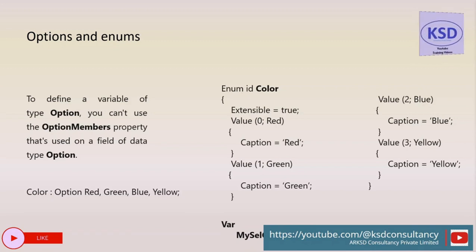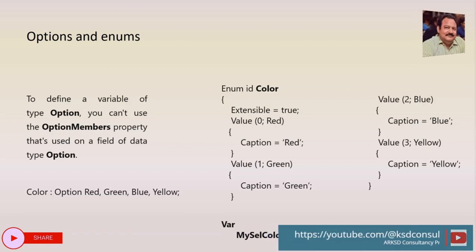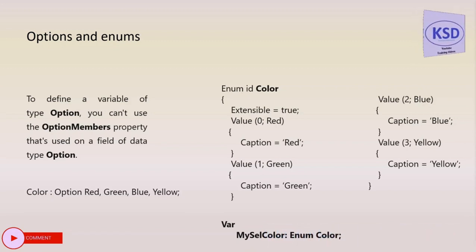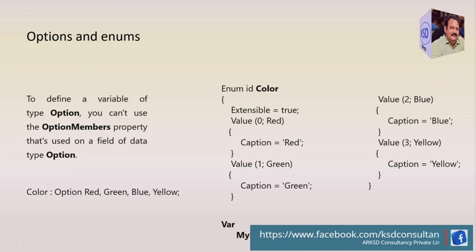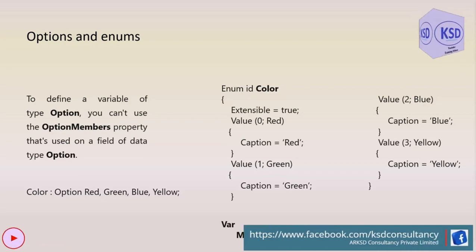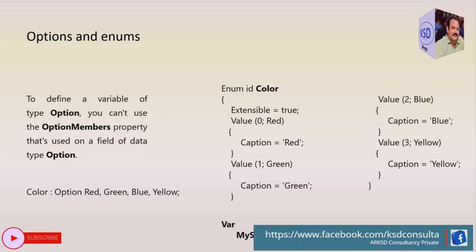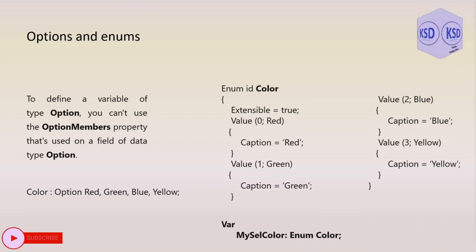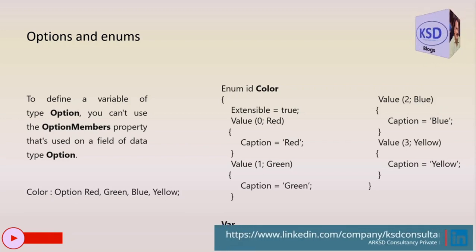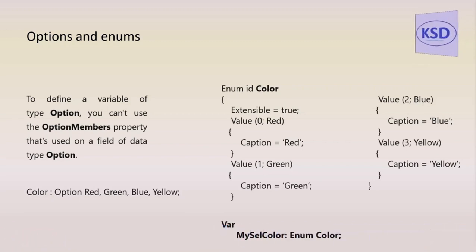So the better approach for that is to use enum. This was introduced in AL programming. Earlier we only had options when we were coding in C/AL. So to overcome this limitation in AL programming, Microsoft has introduced enum. So you can use the enum objects.